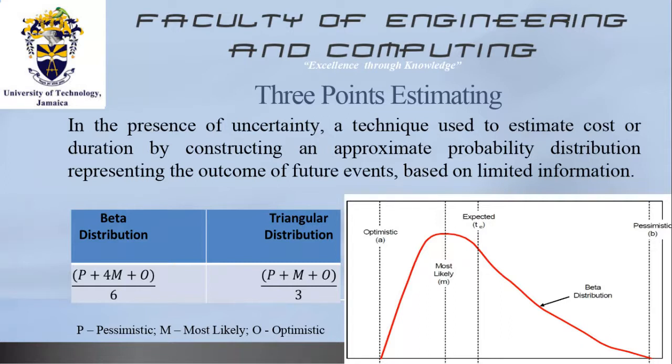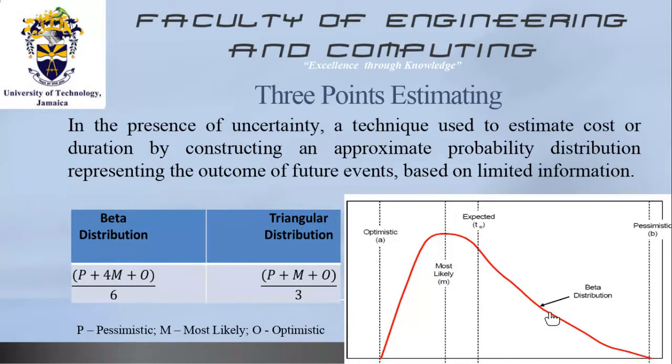Now you can plot a graph and you will get a curve looking somewhat like this, where this colored line represents the beta distribution, with this point here being your optimistic, and this point here along this axis being your pessimistic, and your most likely will fall somewhere here.